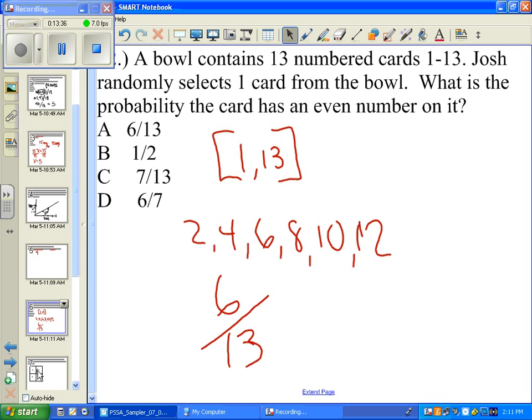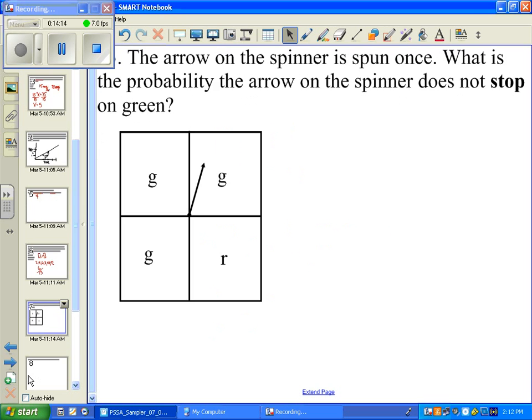So we have a set of 13 integers, and we're taking the evens, 2, 4, 6, 8, 10, and 12. That's 6 over 13, and that would be our answer, 6 over 13. That corresponds to letter A. Letter A, that's number 22. That brings us up to the next one.